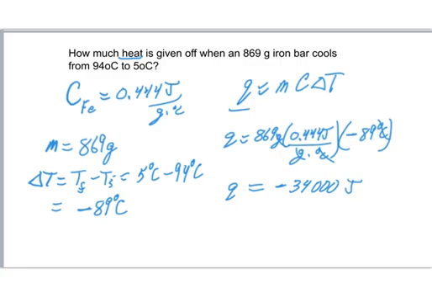And this is negative. That means heat is leaving the iron, it's going out. And where's it going? It's going to the surroundings.